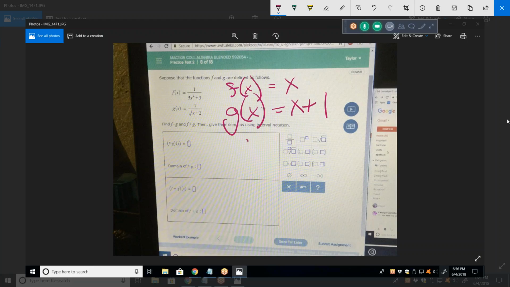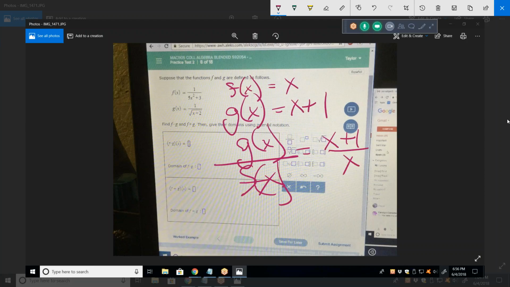But if I said g of x divided by f of x, now I have x plus 1 over x, and now x can't be 0. So by dividing two functions whose domain was all real numbers, you've turned it into a function that has a more restrictive domain. Now x can't be 0.